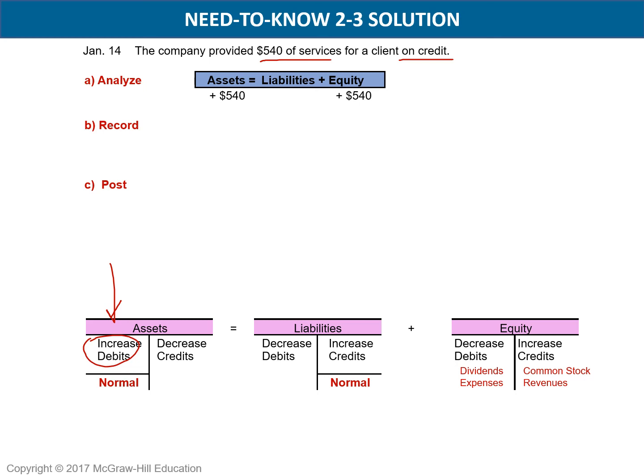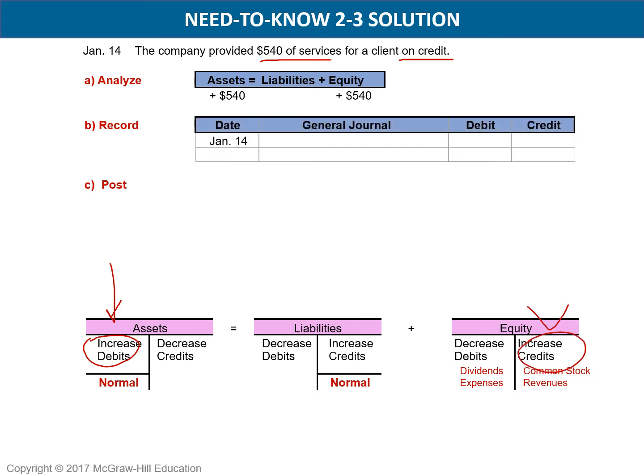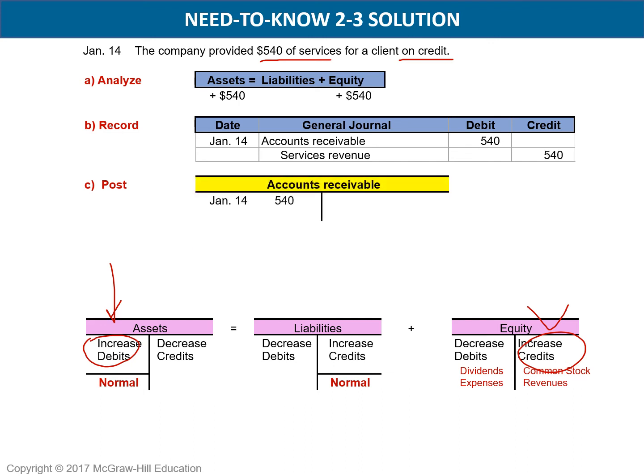To increase revenues, we credit. So on January 14th, we're going to record the account receivable debit, service revenue credit. Then we'll post those to the general ledger, posting our debits to the left-hand side of the T account and posting our credits to the right-hand side.